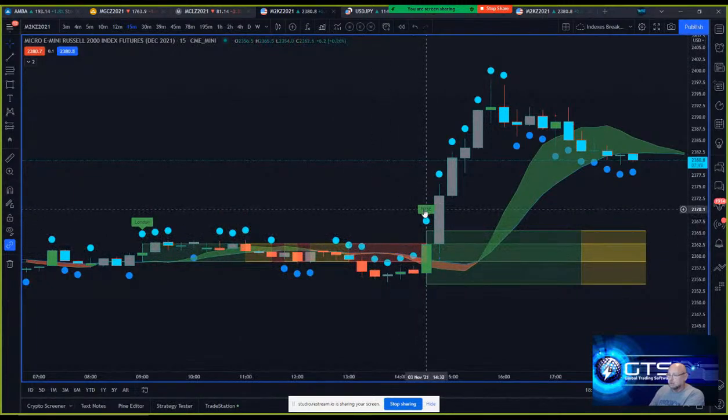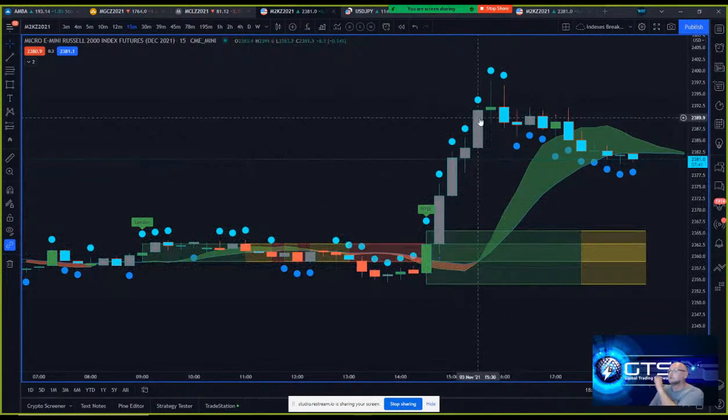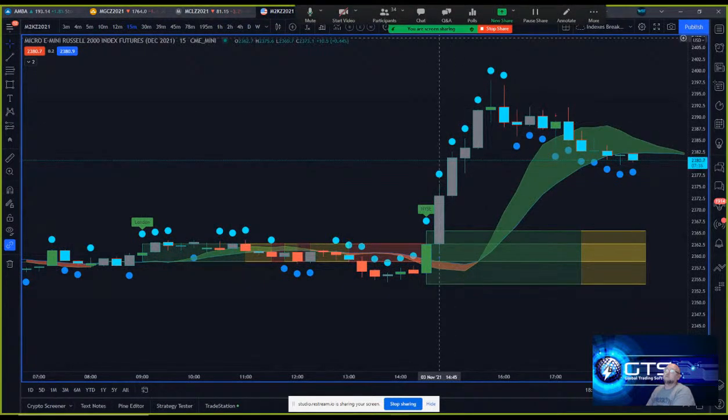We were green on this label. We were green on here, and we went, gone, finished, done. Yeah, 200 ticks plus. Then I managed it on the Discord group on the 5-minute time frame using the manager.